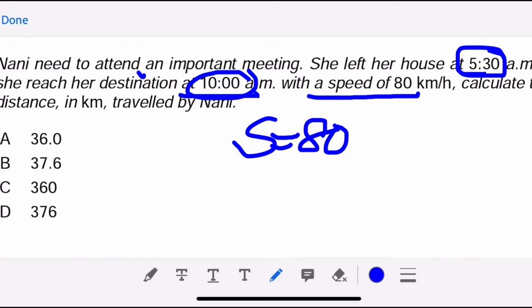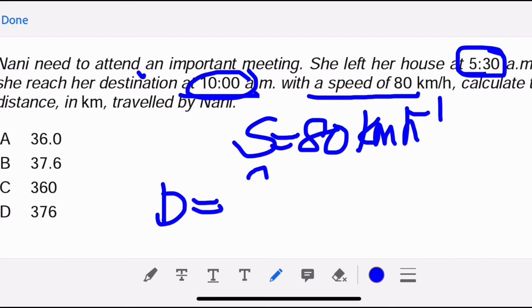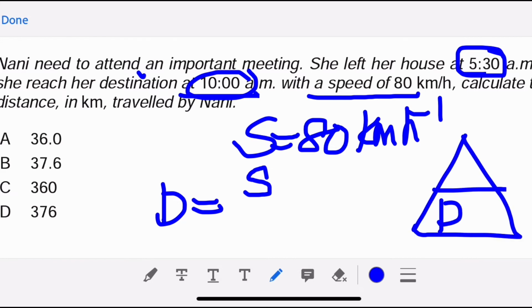Okay, 5:30 to 6 is half an hour. 6 to 10 is 4 hours, so 4.5 hours. Kilometer per hour. So that means that distance is equal to speed. We have the formula like this.